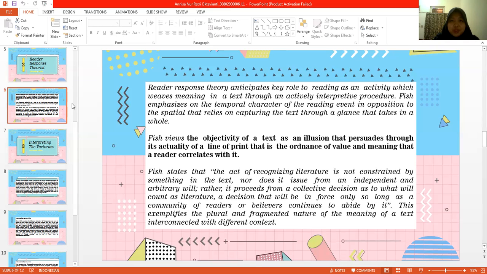Rather, it proceeds from a collective decision as to what will count as literature, a decision that will be enforced only so long as a community of readers or believers continue to abide by it. This exemplifies the plural and fragmented nature of the meaning of a text interconnected with different contexts.